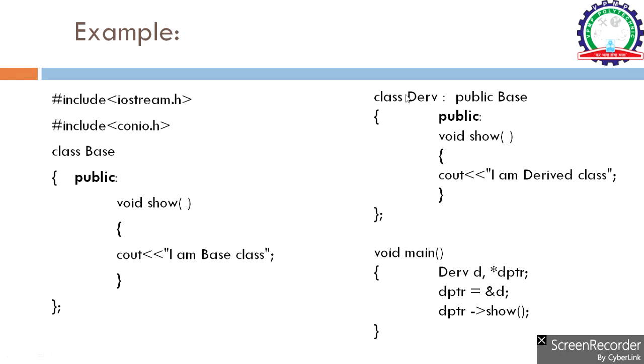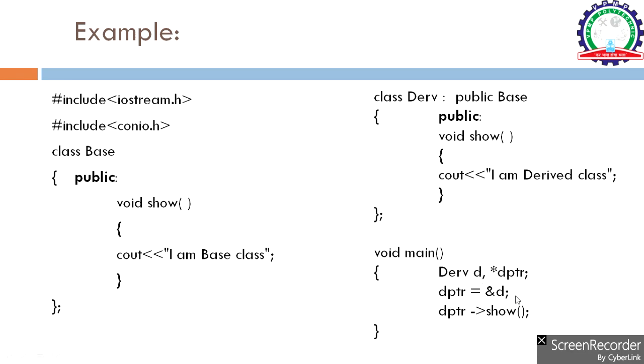And another class, the derived class, is publicly derived from the base class and its member function will display I am derived class. Now in the main section we have the object of the derived class, that is D, and a pointer of the derived class, that is star D ptr. Now this particular pointer star D ptr points to object D of class derived.